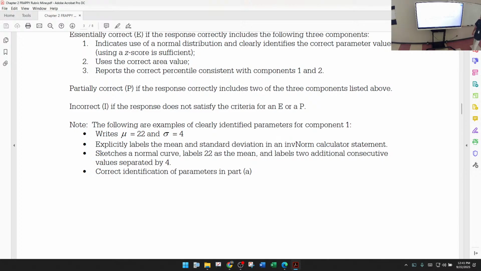Explicitly labels the mean and standard deviation in an inverse norm calculator statement. If you write the calculator statement, you can, but you got to label what those values are: lower bound, upper bound, mean, standard deviation. That's why I think shading it does a much better job. Sketches a normal curve, labels 22, consistent with 4, and then correct identification of parameters in part A.